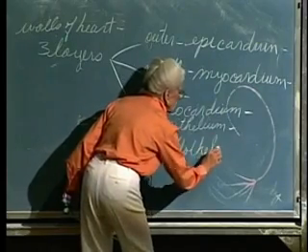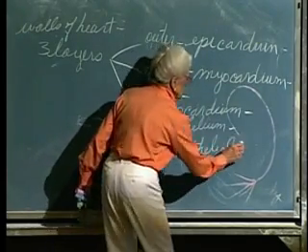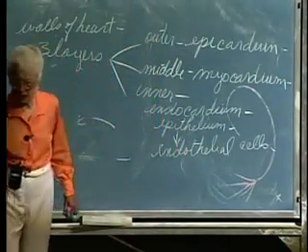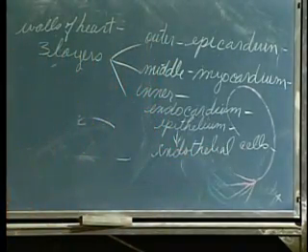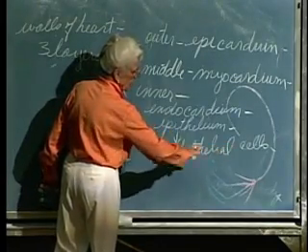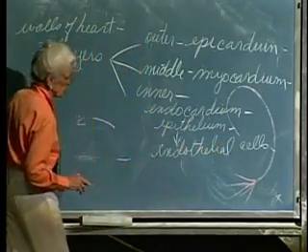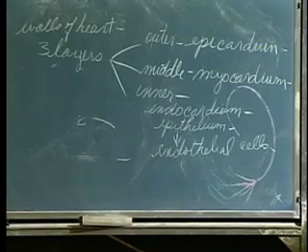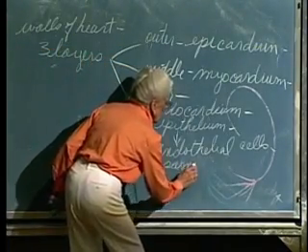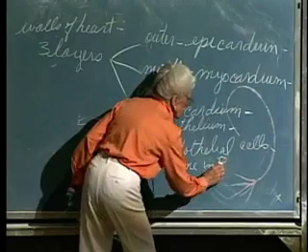Endothelial cells. So this is your inner lining that's going to be continuous with the blood vessels. So it's very important to know, if you're going to have a heart transplant, that you get a smooth continuity between the chambers of the heart and the lining of your blood vessels. The endothelial cells are the same in blood vessels.